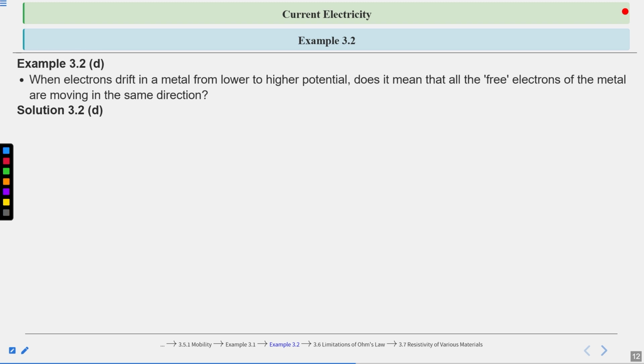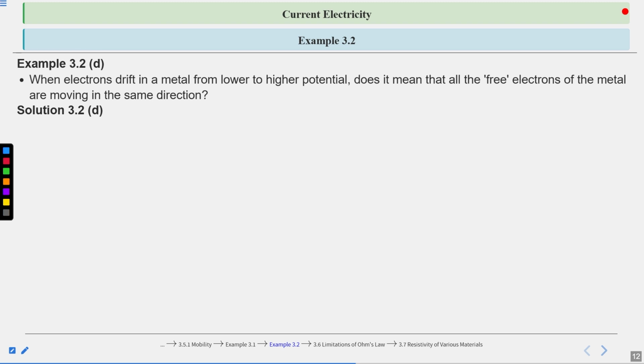That's why all the electrons are not in the same direction of increasing potential. Also, we have seen in one diagram in our previous lecture a blue line path which the electron follows in the absence of electric field, and a dotted path which the electron follows in the presence of electric field.